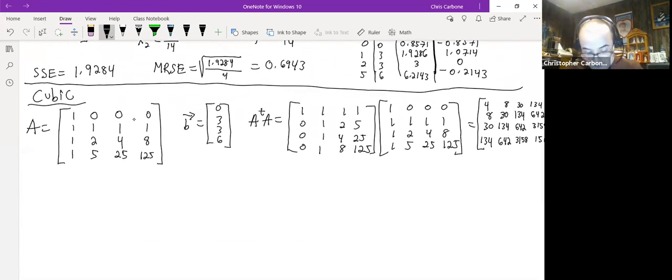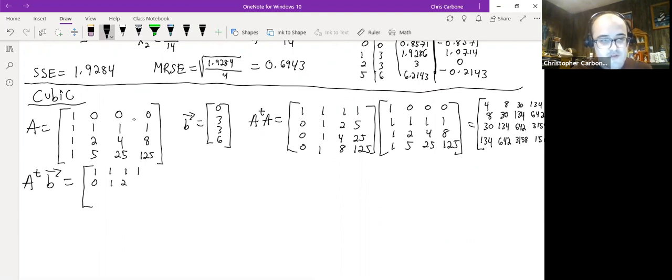For us doing A transpose times the vector B, let me just quickly write that out. That calculation is going to be, the first row is all ones, and then 0, 1, 2, 5, 0, 1, 4, 25, and 0, 1, 8, 125, times vector B, 0, 3, 3, 6.